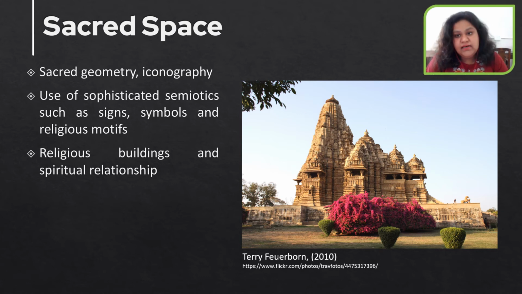The last slide will be talking about the axis and the body as a representation of the temple, and also about sacred space. In the Indian context, what is sacred space?